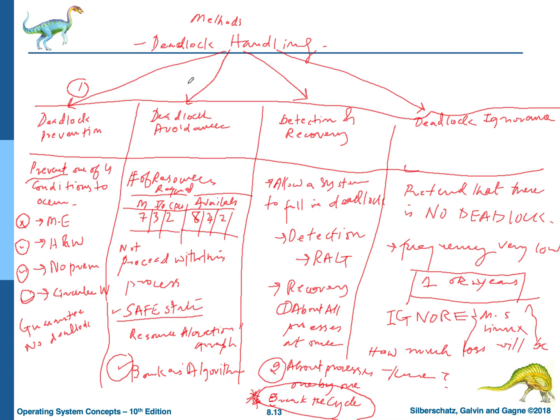So this is one method, this is the second method, this is the third method, and this is the fourth method, right? Now we will be seeing this and this in detail, while we will be ignoring these two, right? And I have already given you sufficient detail about these four, but we will not be going in depth on these two.